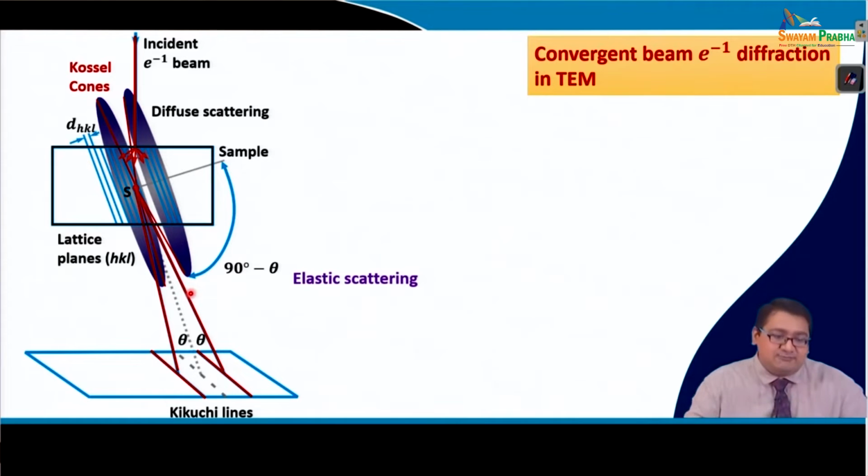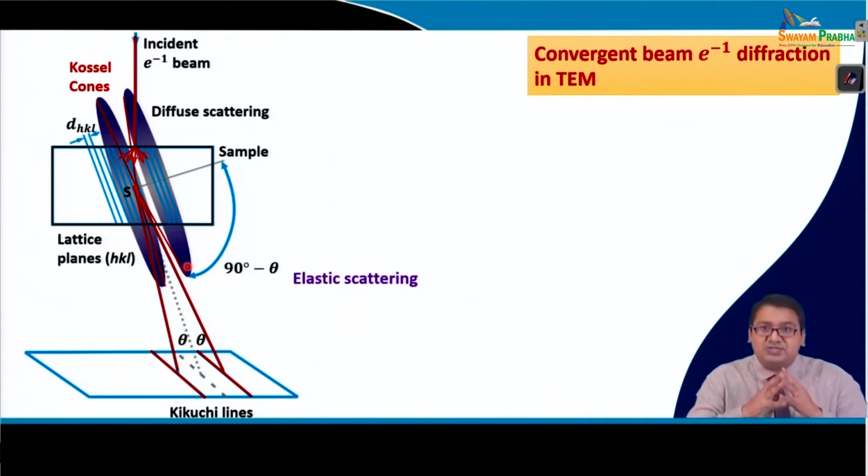These cones are basically known as Kossel cones, right. In this example, we have shown it for a single HKL plane which is diffracting to form a Kossel cone. All possible HKL planes basically diffract.